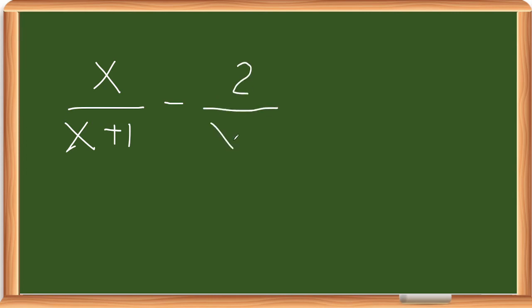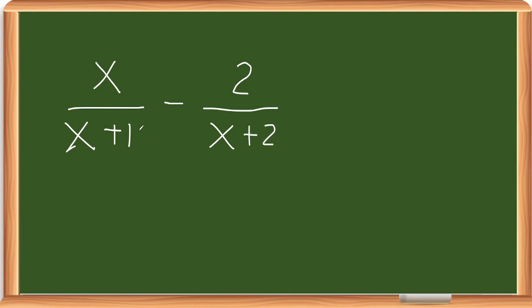Oops, ba't naging yellow to? Wait. Gawin natin yung white. Okay, it is x over x plus 1 and then minus 2 over x plus 2.